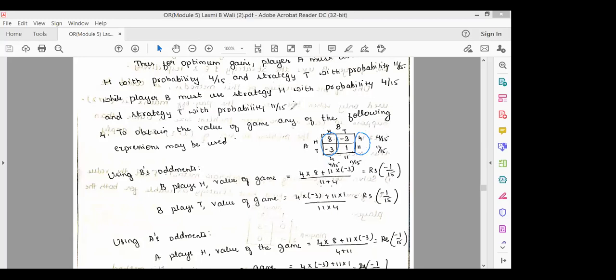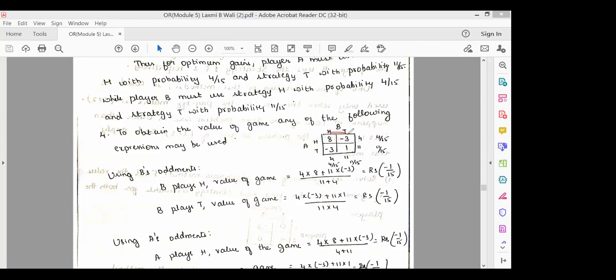The same way, when you multiply these values with this, you get the same value of the game, that is minus 3 into 4 plus 1 into 11, divided by 11 plus 4. You get the value of the game as minus 1 by 15. This is when you use these oddments. The same way, you will get the same value of the game when you use A's oddments.